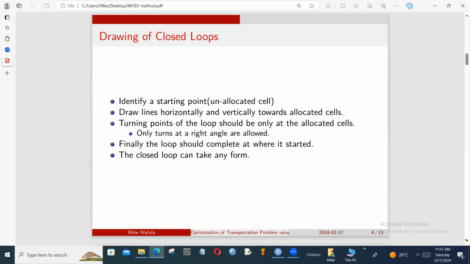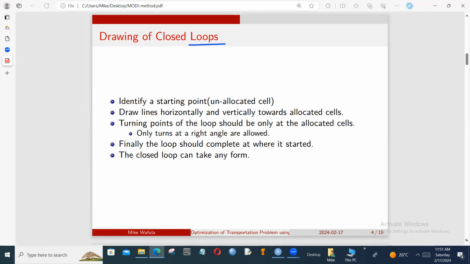Now, drawing closed loops is another concept that comes in handy whenever we are using the modified distribution method. And one will wonder, a closed loop is just a path.